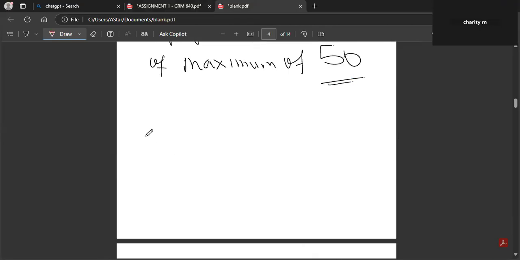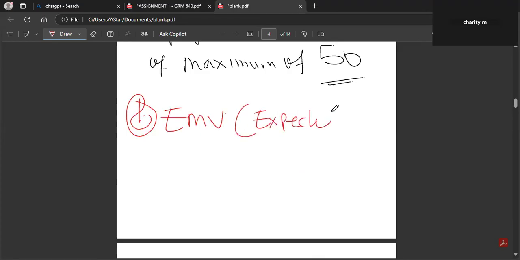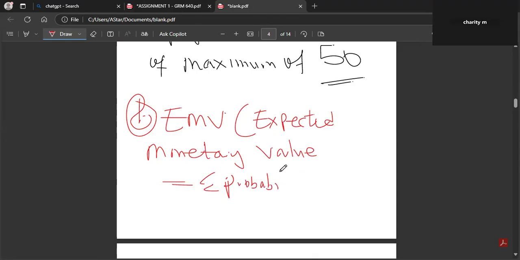That's number B. Expected monetary value is equal to the summation of probability by the value.